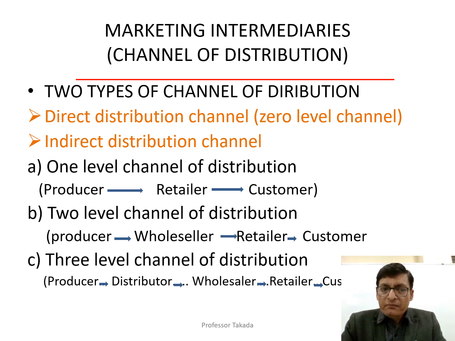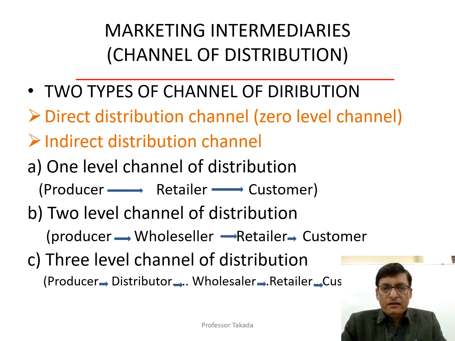If there is only one middleman between the company and the customer, then it is referred to as one level channel. For example, the producer produces the goods, transfers them to the retailers, and from the retailers customers purchase the goods. So this is a one level channel. There is only one level, that of the retailer, between the producer and the customer. Now, the two level channel of distribution.